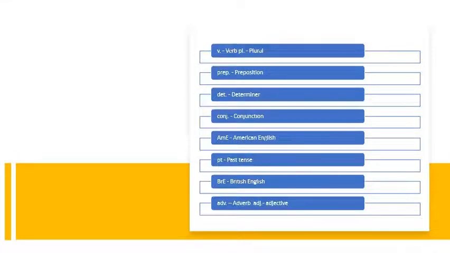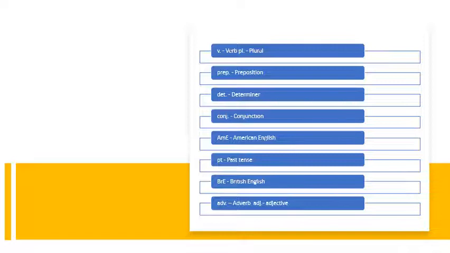These are common short forms used in a dictionary. V is verb. PL is plural. PREP is preposition. DET dot is determiner. CONJ dot is conjunction.